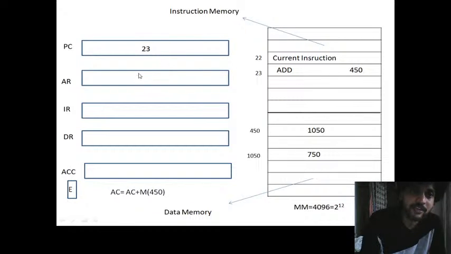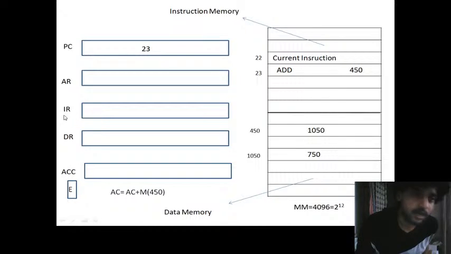That address must be transferred to the address register, because address register is the only register that can communicate with the main memory. If you have an address that needs to be located within the main memory, it must be transferred to the address register, because address register is the mediator between main memory and the CPU. Okay, so that is what address register is all about.